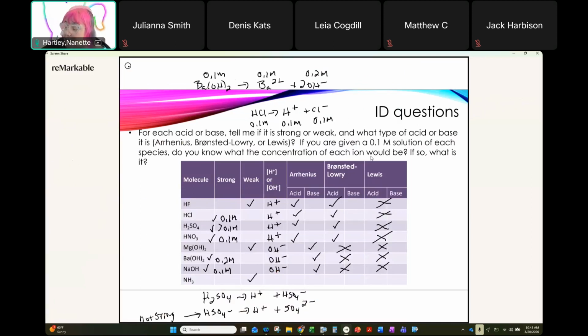We take that NH3 and add it to H2O, and what happens is that the NH3 picks up a proton and becomes NH4 plus and leaves an OH minus. So I do end up with OH minus in solution, and that therefore changes my pH. That was really what I was looking at for this: do I generate H plus or OH minus based on these behaviors?